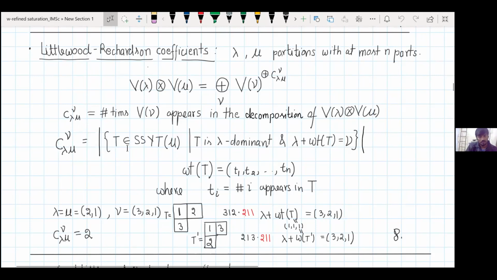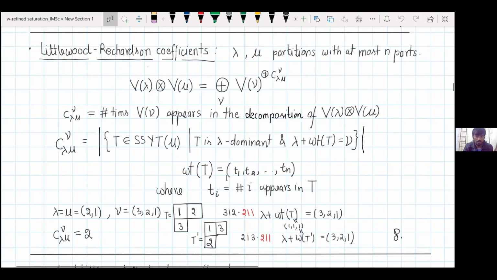And there is a nice way to count this coefficient. There are many ways, but I have written just one. You take all semi-standard Young tableaux of shape mu which are lambda dominant, and such that lambda plus the weight of that tableau is equal to nu.